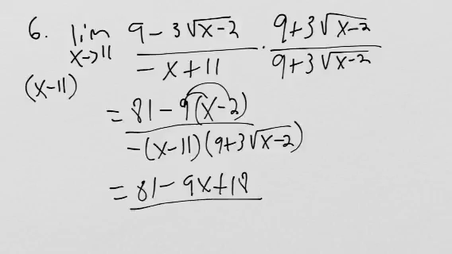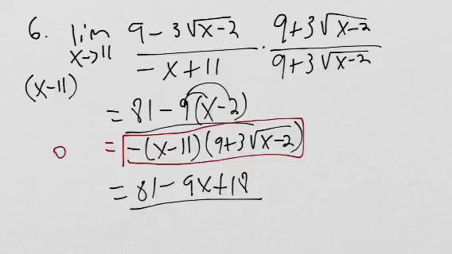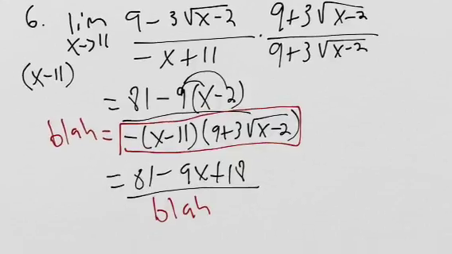On the bottom, instead of rewriting this over and over again, I'm just going to put a nice little red box around this and say that equals blah. On the bottom we still have that whole thing hanging out, just blah. Let's keep working on the top because that's the important part right now.